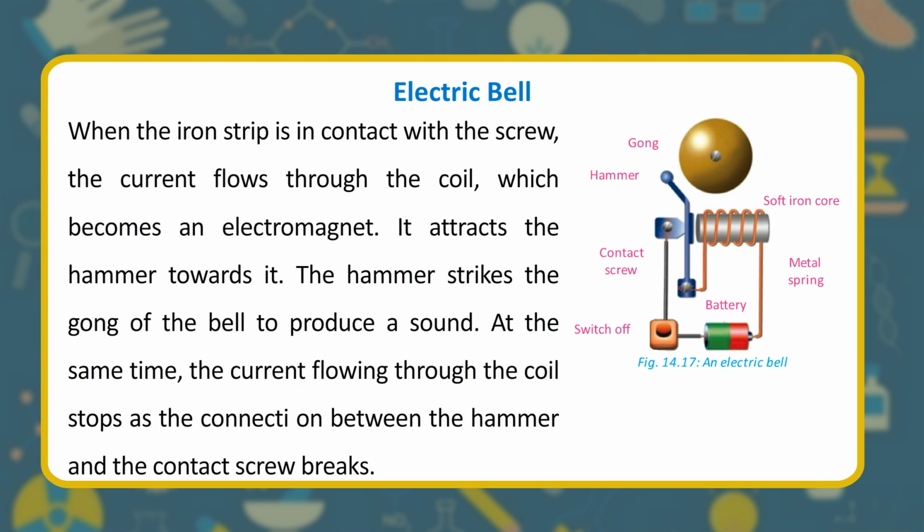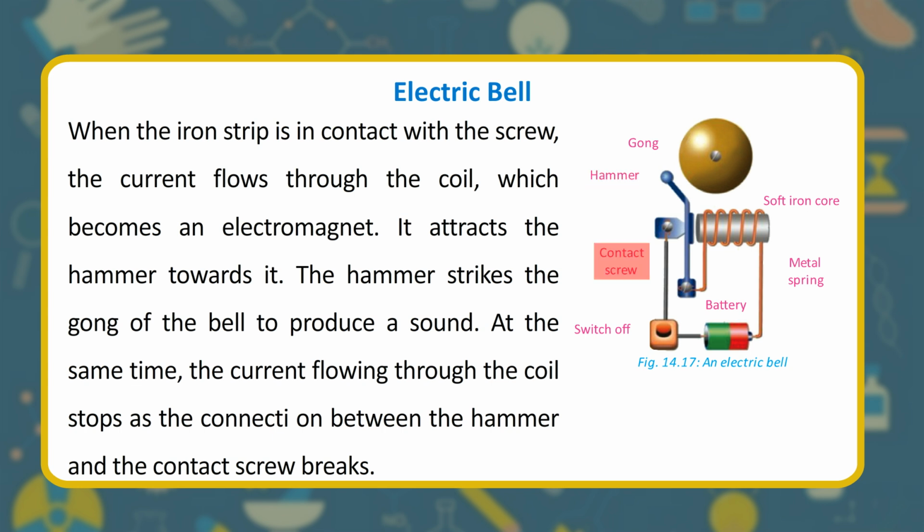When the iron strip is in contact with the screw, the current flows through the coil, which becomes an electromagnet. It attracts the hammer towards it. The hammer strikes the gong of the bell to produce a sound. At the same time, the current flowing through the coil stops as the connection between the hammer and the contact screw breaks.